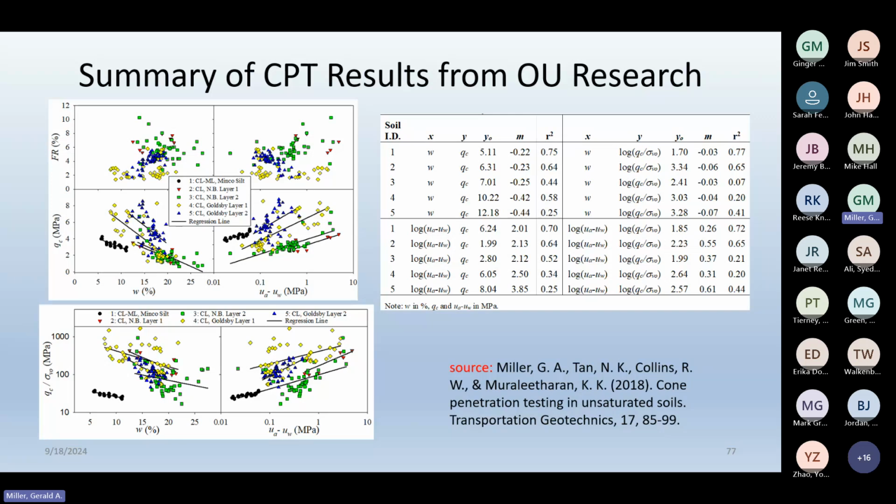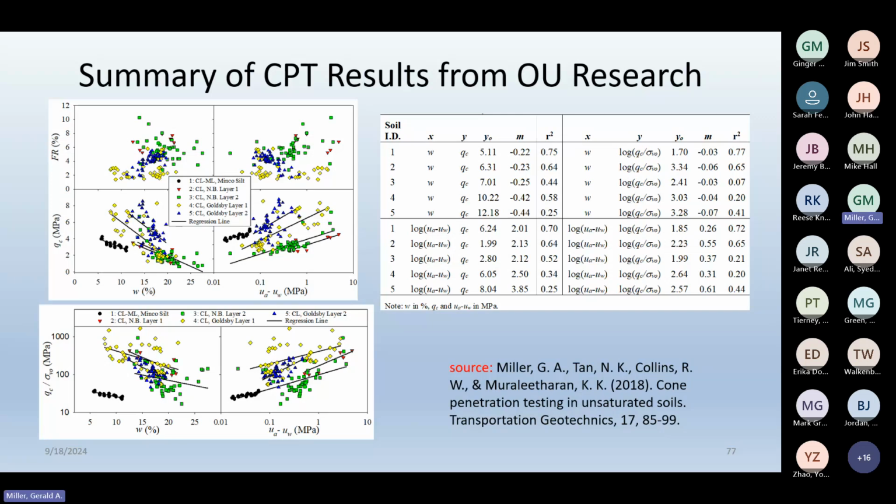Now I've added some data to this plot, and I'm going to give a shout out to Dr. Tan at Terracon, who was my first PhD student at OU. He did some really good calibration chamber tests, which is almost like a giant triaxial cell.